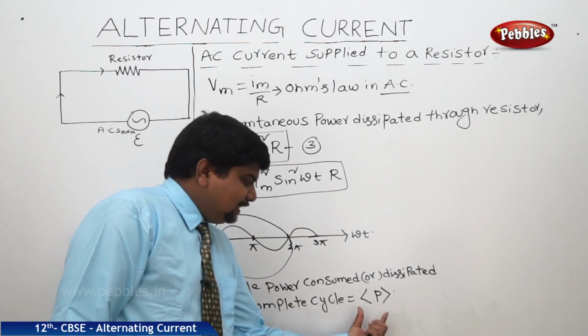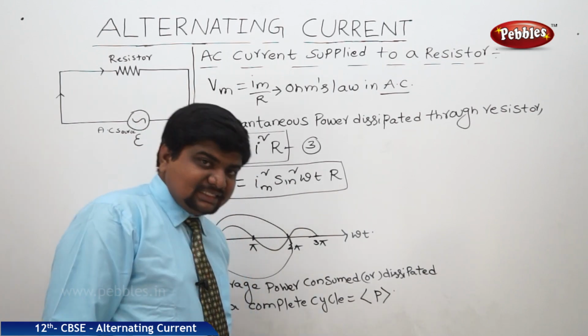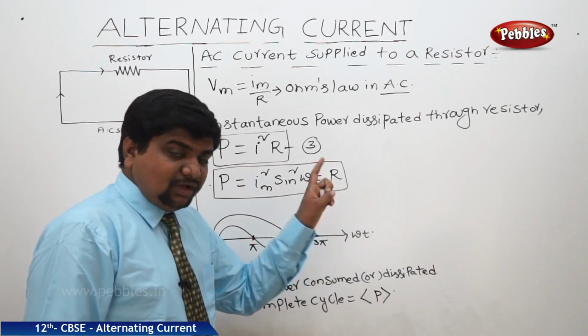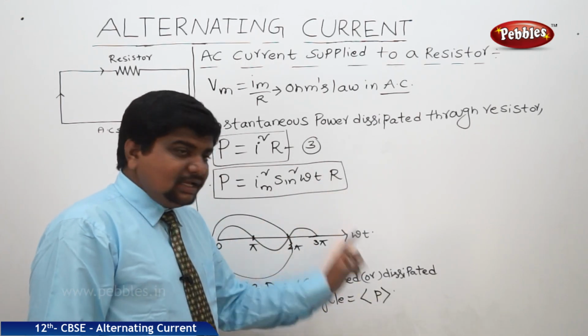Any physical quantity kept in between these two type of brackets, that is nothing but the average value of that physical quantity. Means we are going to find out the average value.